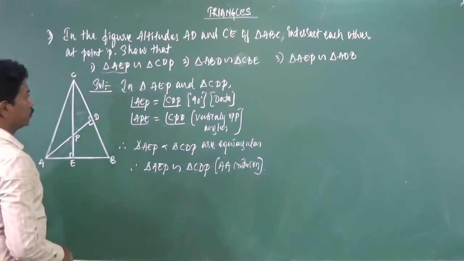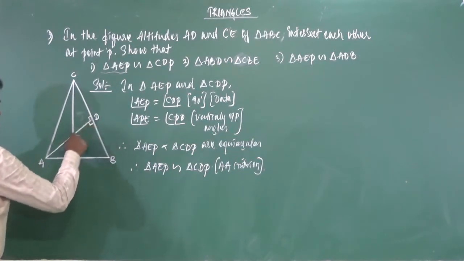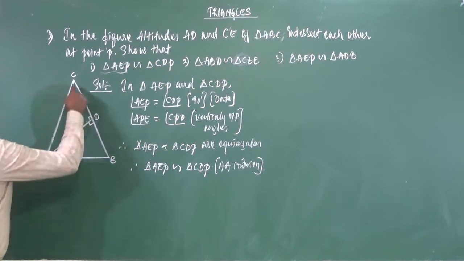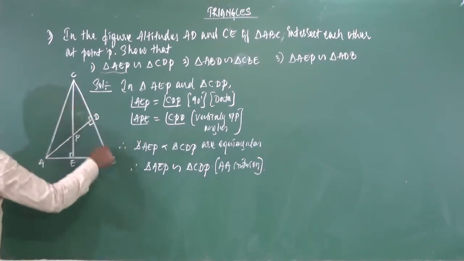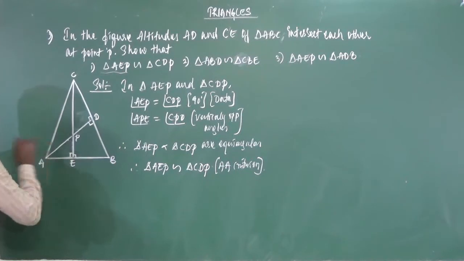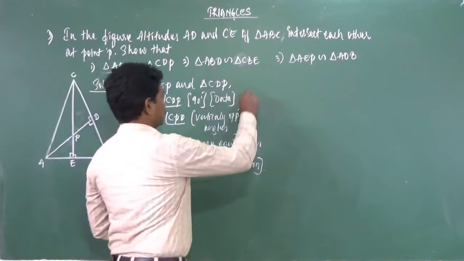Right. So you have to prove that triangle ABD is similar to triangle CBE. Right. So if this is 90 degrees, the adjacent angle to this is also 90 degrees. So we will consider the triangles here.